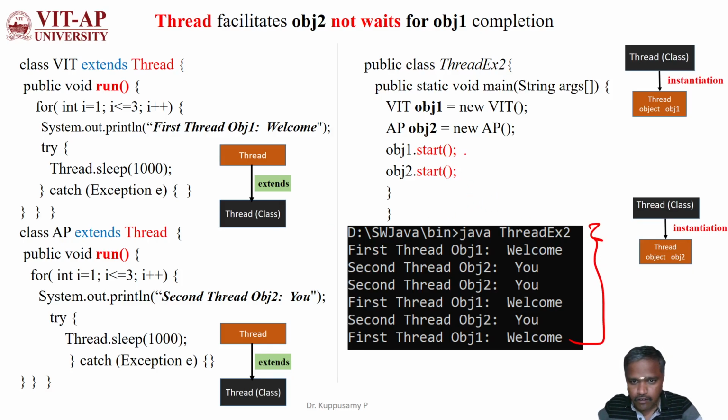Here obj1 is the thread belonging to VIT and obj2 is the thread belonging to AP. Both perform in parallel whenever the CPU has idle time. The CPU should always be used by some process. Object 1 performs the process of displaying this statement, and obj2 is another thread performing a different process by displaying this statement.